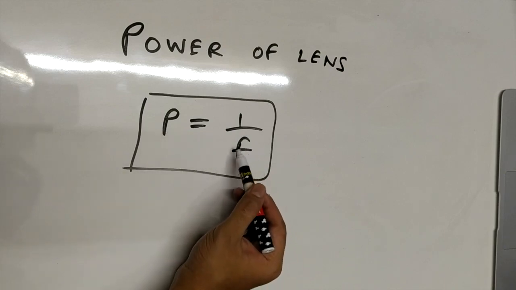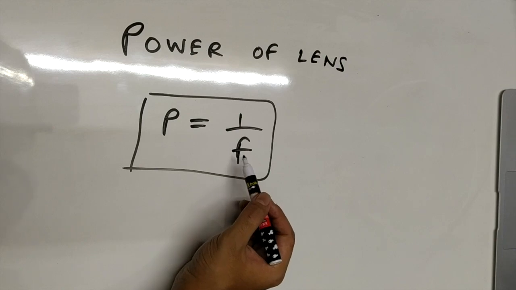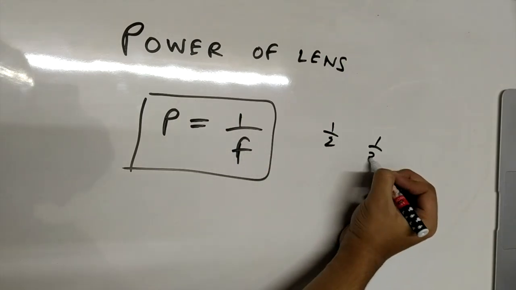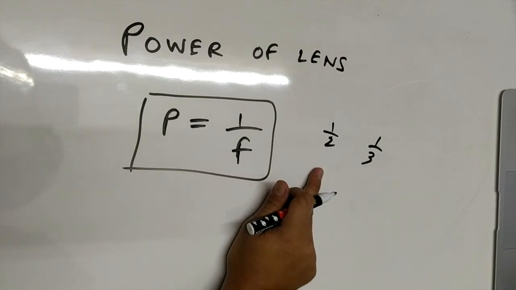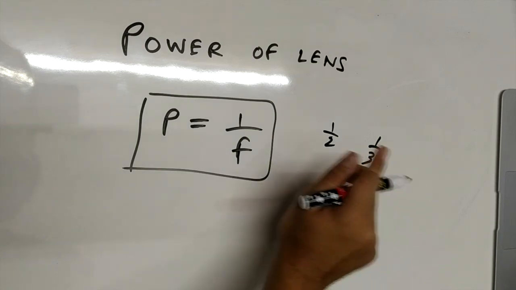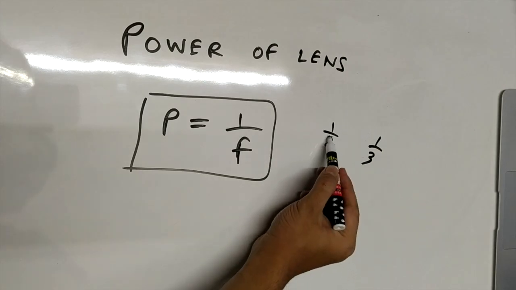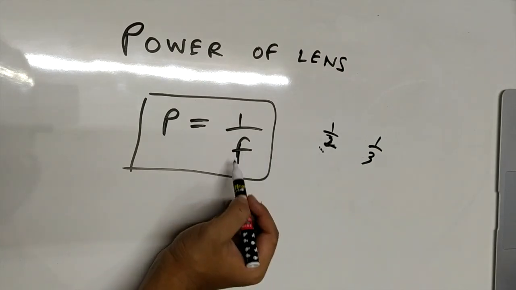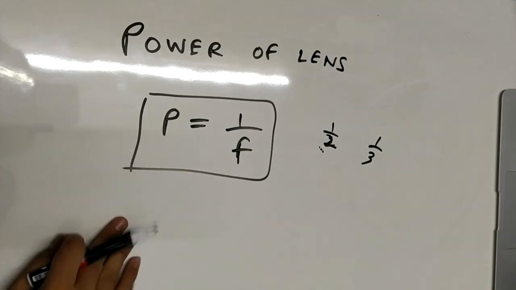Whatever is there in the denominator, if it is smaller, then the overall fraction is more, no? 1 by 2, 1 by 3, which is greater? Half a cake is better or a third of a cake is better? Obviously half. So if the lesser number is there, that will be the greater fraction. So here also, if focal length is lesser, power will be more.